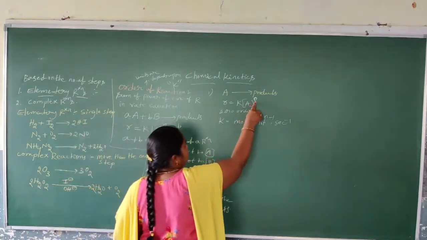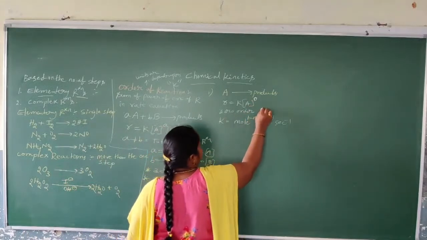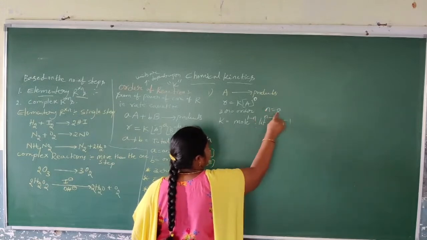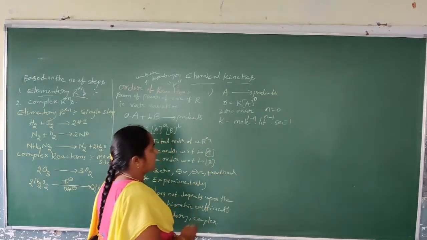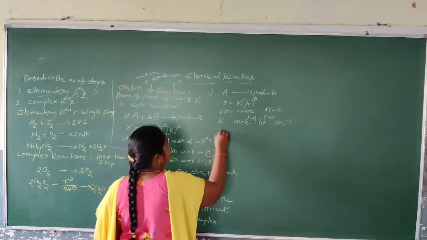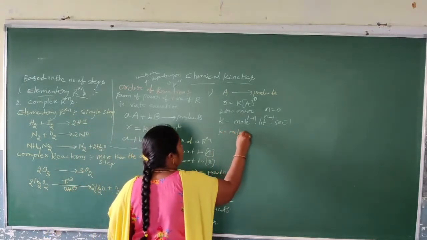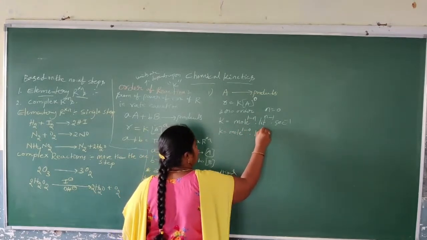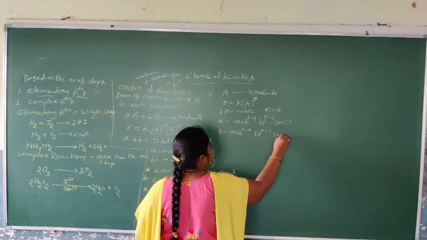Here the n value is 0. In a 0 order reaction, n is equal to 0. In place of n, we take 0 for calculating the units of the rate constant. So K is equal to mole to the power of 1 minus 0 into liter to the power of 0 minus 1 into second inverse.